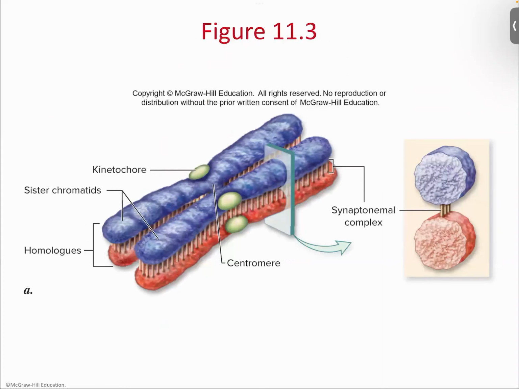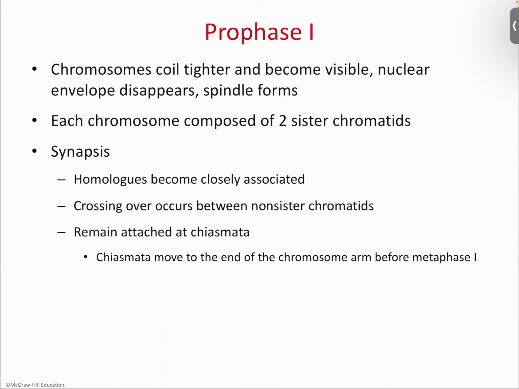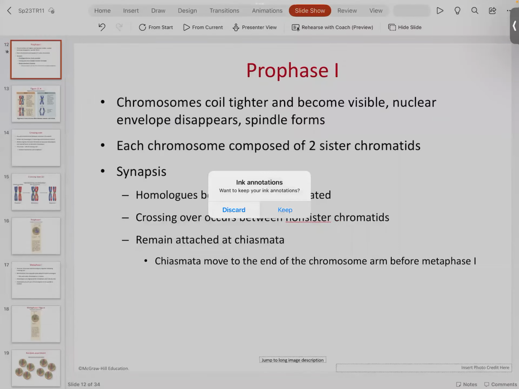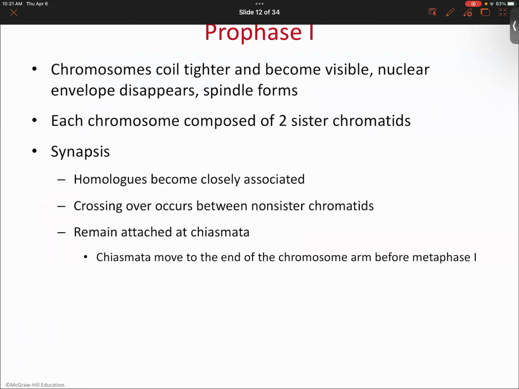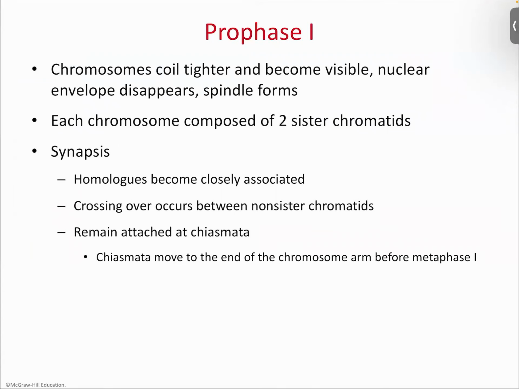So let's take a look and see what is occurring in these stages. Let's start off with prophase 1. In prophase 1, we have basically some of the same things that happen in prophase of mitosis, right? Some of those things are chromosome condensation. So that's completing.